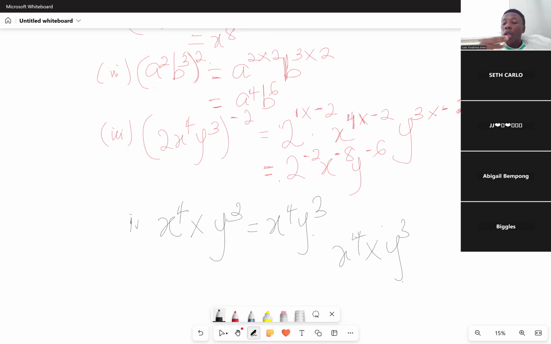My dear, I just told you that you can only apply law 1, the product law, when the bases are the same. You can only add the powers when the bases are the same. Why are you trying to add the powers when the bases are different? Have you seen where the problem is?